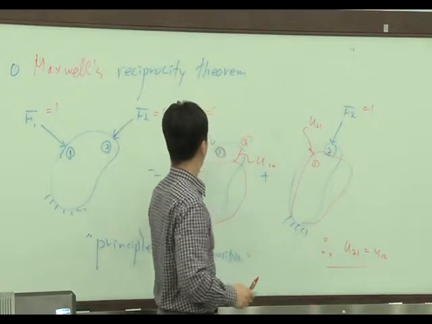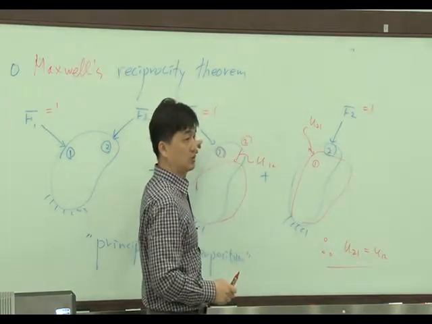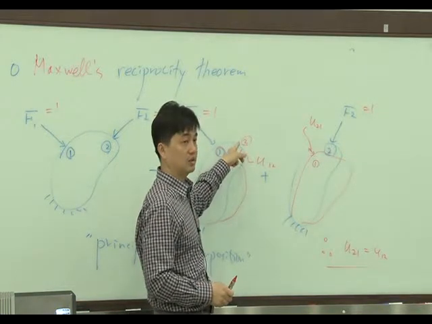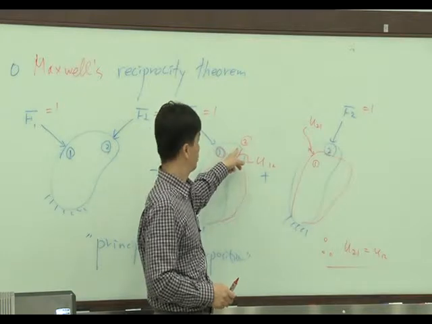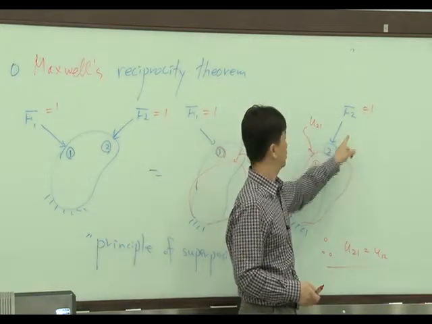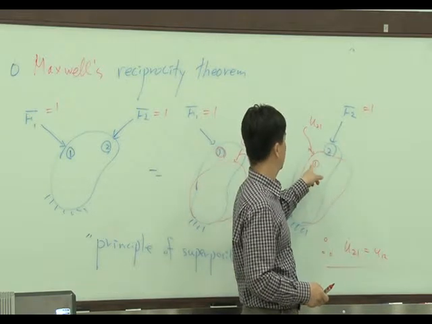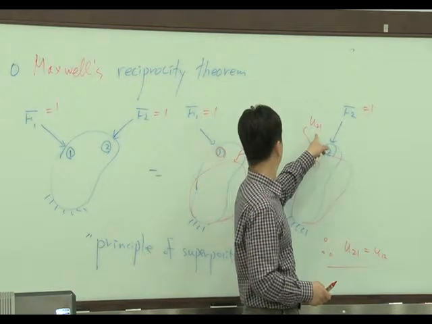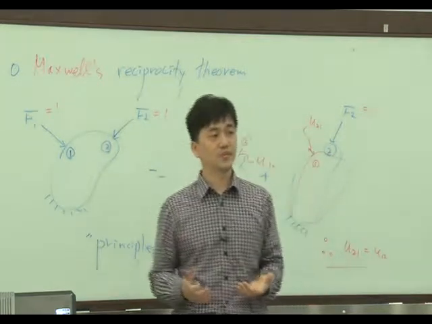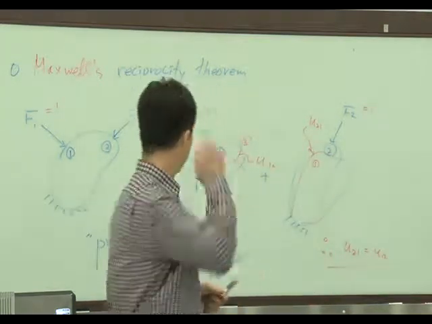So when loading 1 is applied, we can measure the displacement at position 2. That's U12. When we load F2, the displacement at position 1 is U21. Both displacements are the same. Okay, this is Maxwell's theorem.